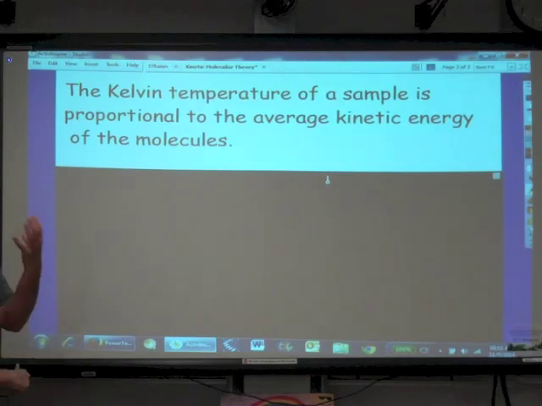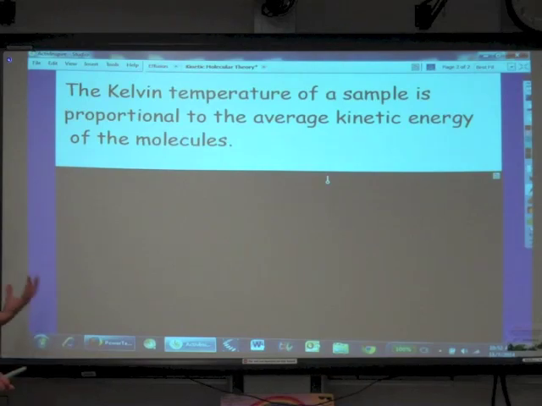Not all the molecules have exactly the same kinetic energy in that sample, but it's all pretty close. There's always going to be some strays, though. Okay, so temperature measures the average kinetic energy of the molecules that make up a substance.